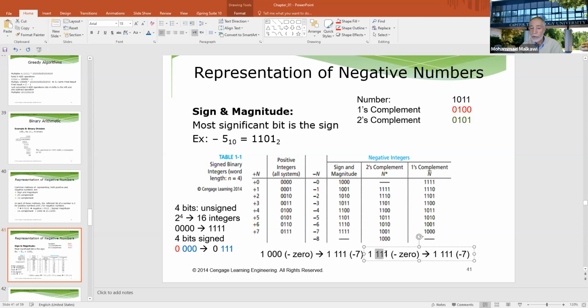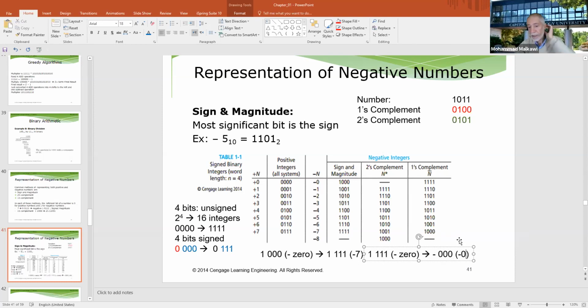Because it's negative, I have to convert these to their original. So this becomes minus 0, 0, 0, because I convert all of them to zeros. Again, this is a minus 0.